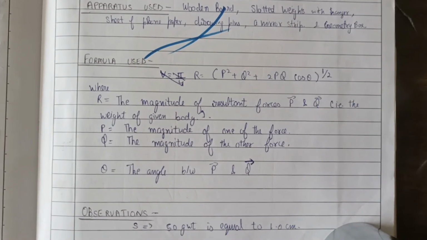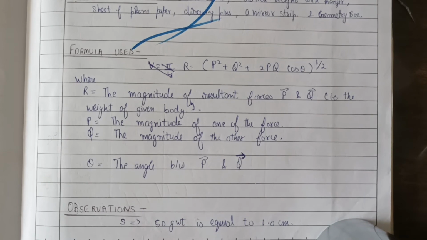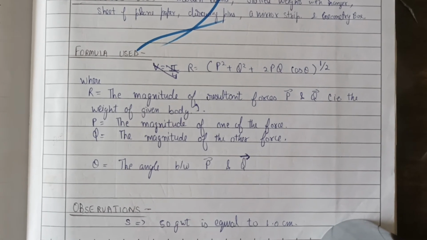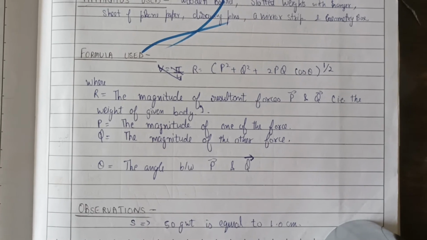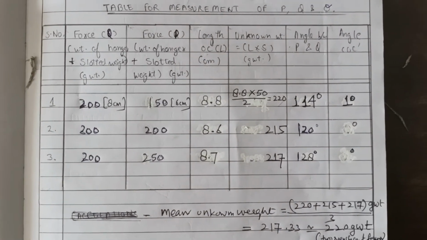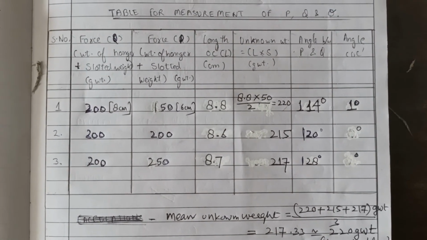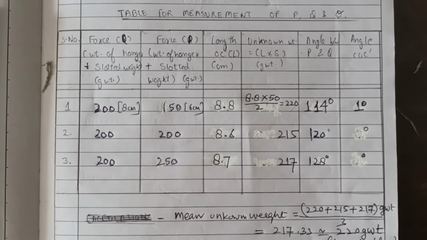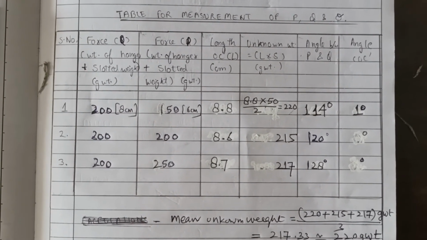Also you will use this formula, that is square root of p square plus q square plus 2pq cos theta, to the power half. Using these different values from the table of p, q and r, in fact p and q, not r, will be found by substituting these values analytically.